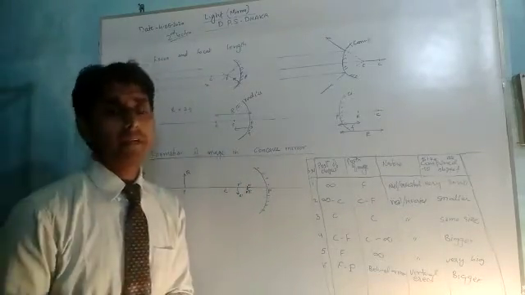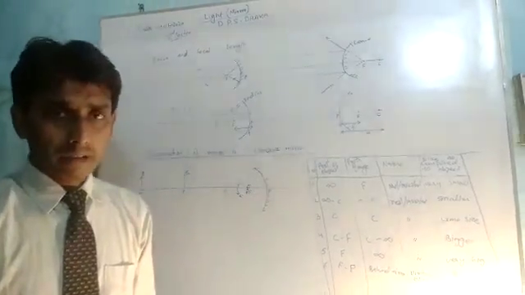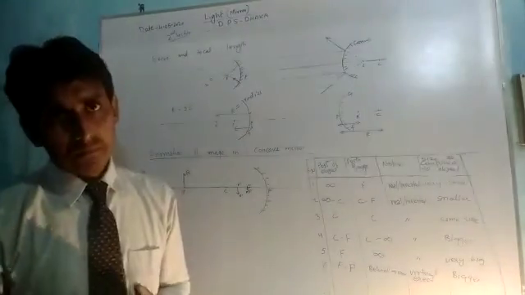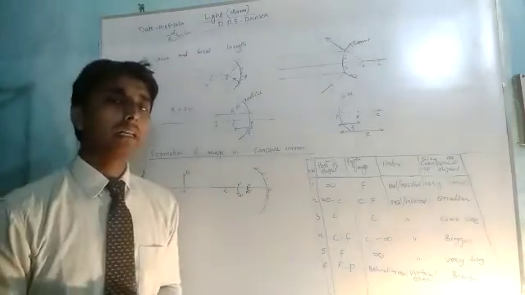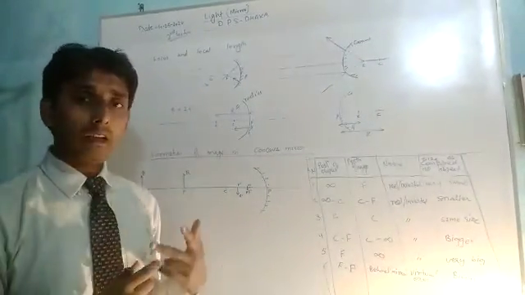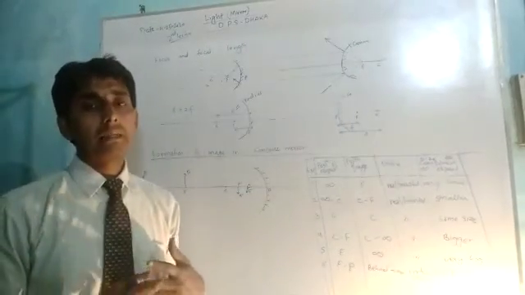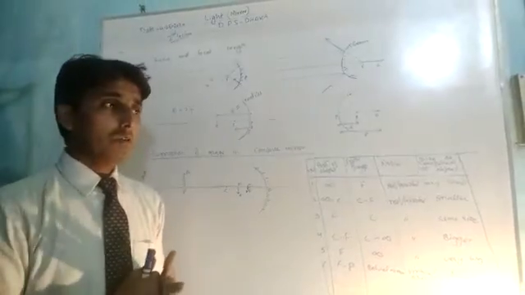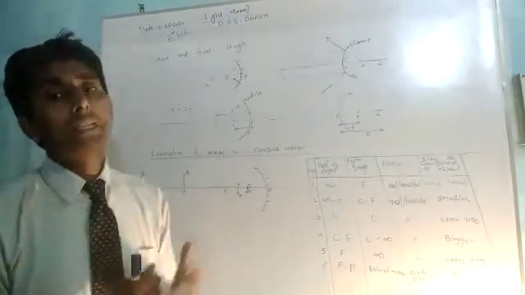There are two types of image. One is real image, and the other is virtual image. You know already about this. The real image is the image that can be taken on a screen, and it is formed by actual meeting of the rays.